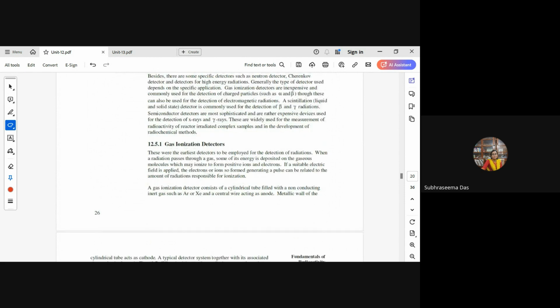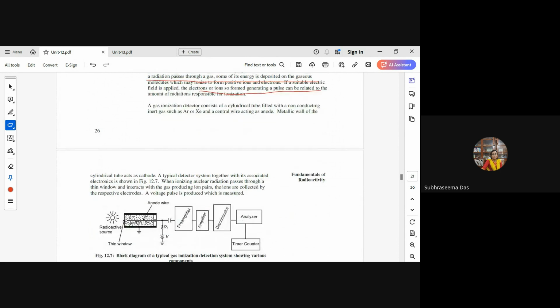Now here, when radiation passes through a gas, some of its energy is deposited on the gaseous molecules, and they ionize to form positive ions and electrons. If we apply a suitable electric field, the electrons or ions that have been formed generate a pulse that can be related to the amount of radiation responsible for ionization.